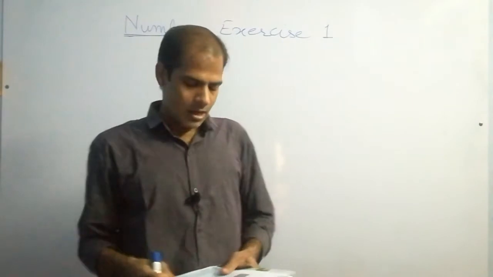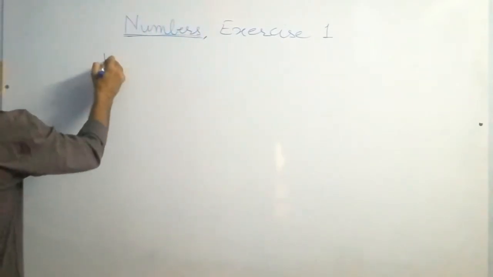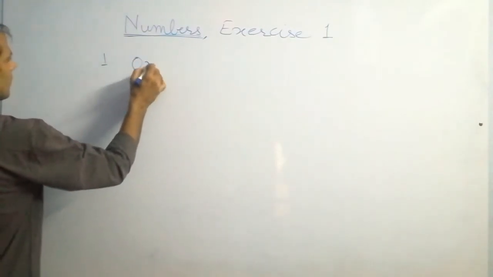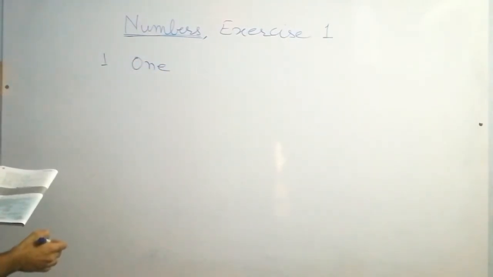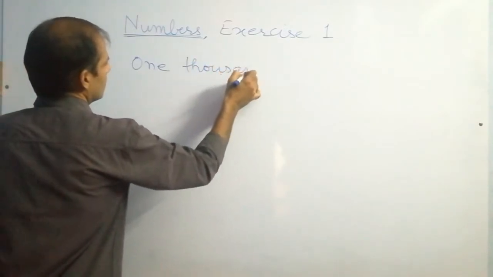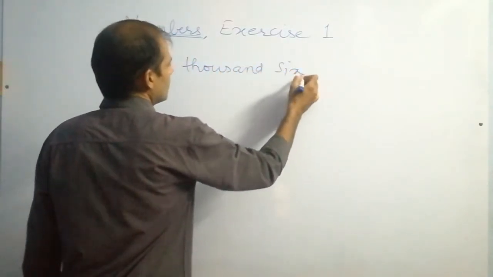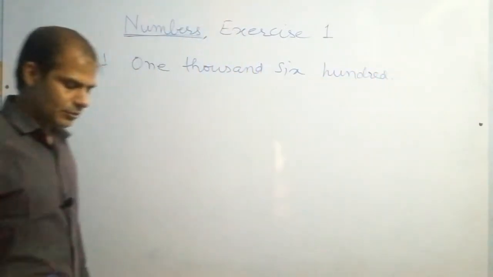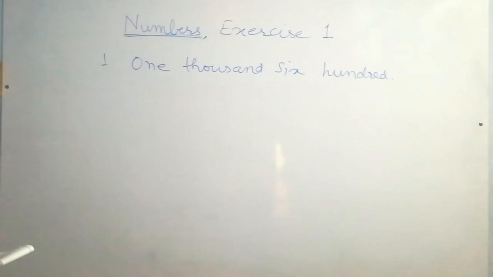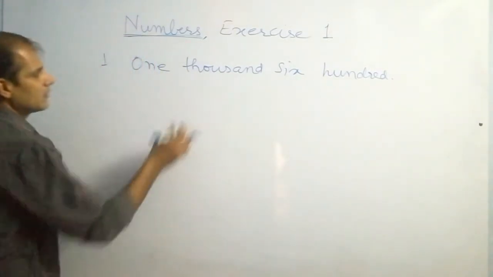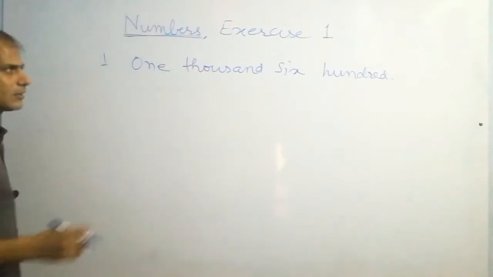Okay, first question of this exercise is one thousand six hundred, 1600. Okay, as you know that 1600 means the highest position of the number is 1000.